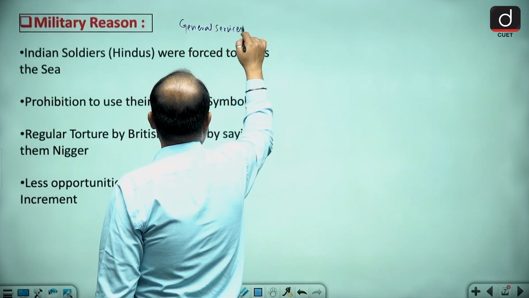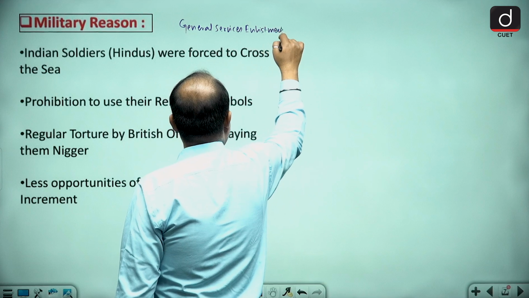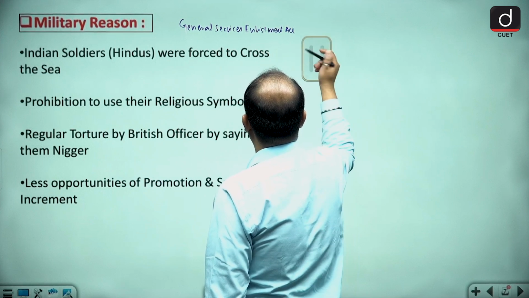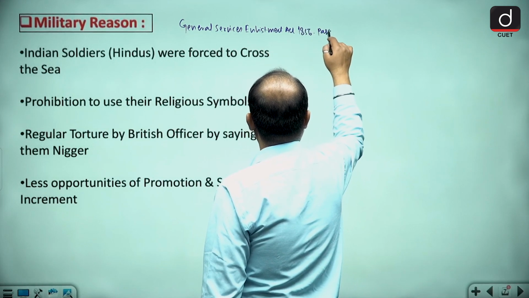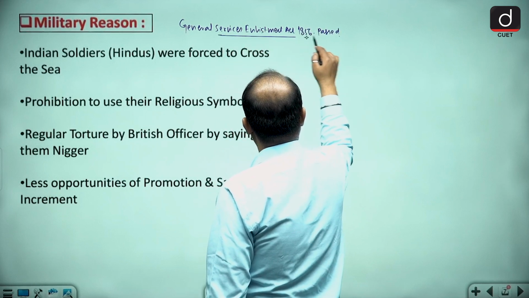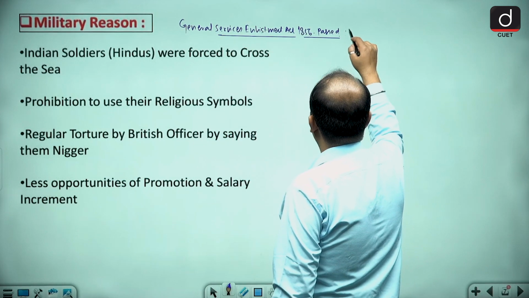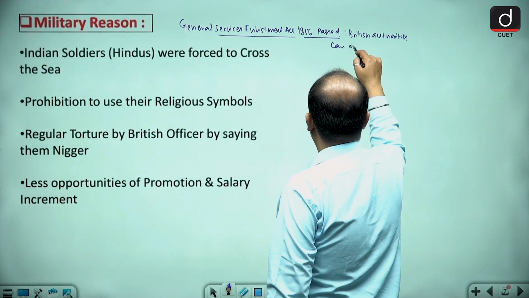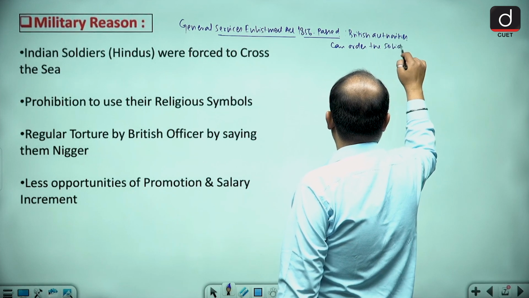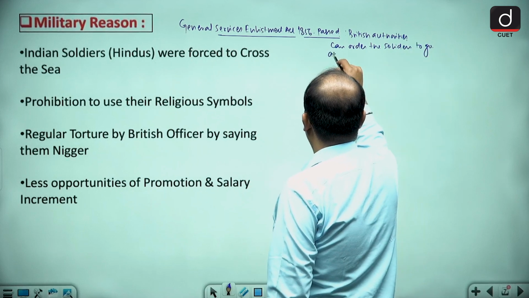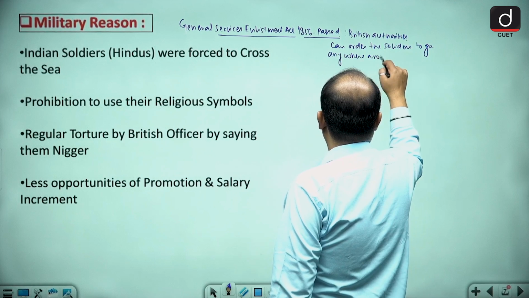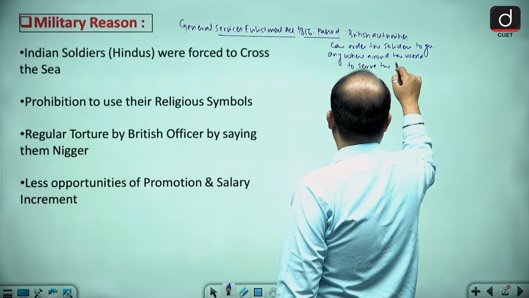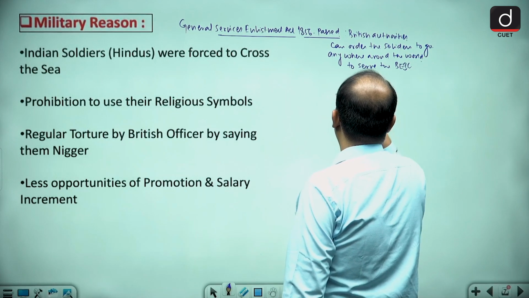General Services Enlistment Act 1856 was passed. According to this act, the British authorities can order the soldiers to go anywhere around the world to serve the British East India Company.